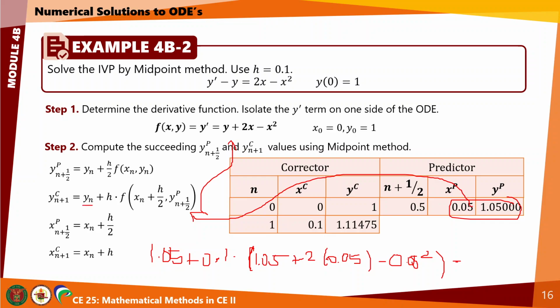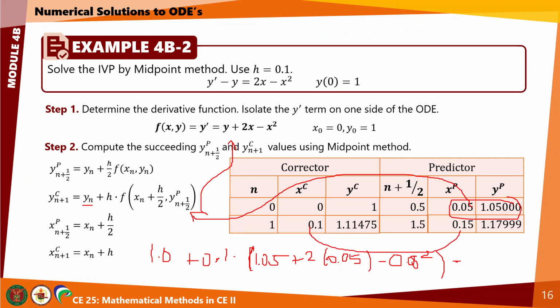So this should be 1. Okay? So with that, makuha mo dapat 1.1147. Okay? Tama. And then, predictor, yung x value natin, syempre, add ka lang ulit ng 0.05 dito.